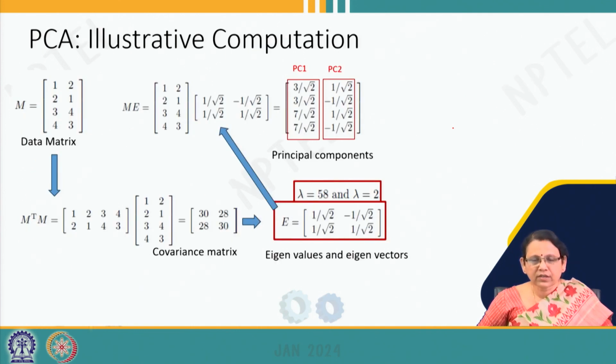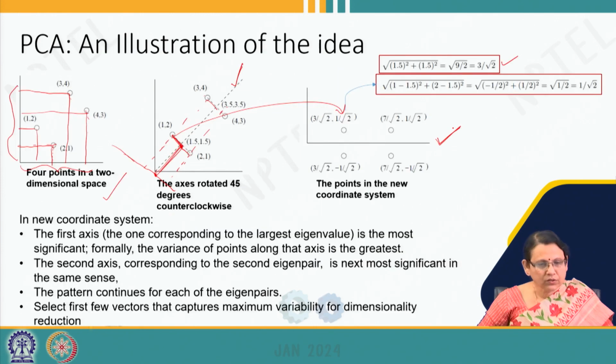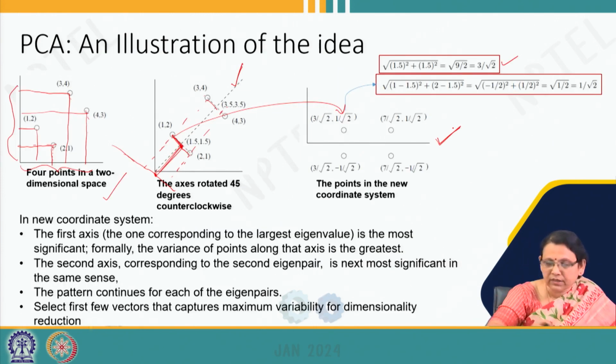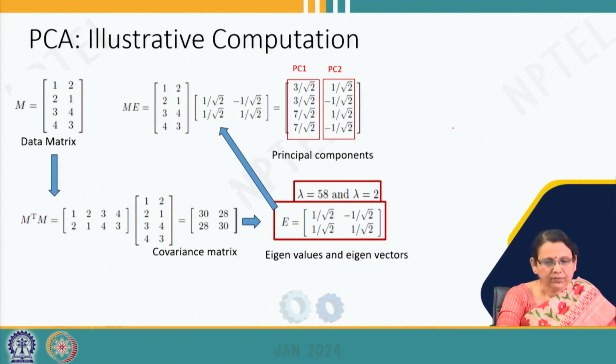So, this is an illustrative computation of PCA that we saw. Whatever we saw geometrically, we can now compute. So, these are the 4 points we saw: 1, 2; 2, 1; then 3, 4; 4, 3. So, for them this is how you compute. How do you get these eigenvectors?